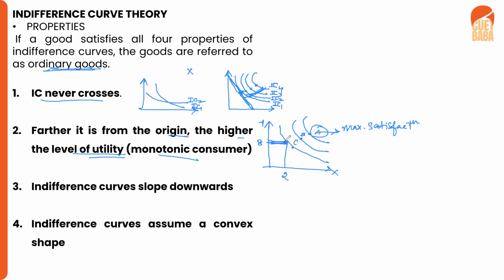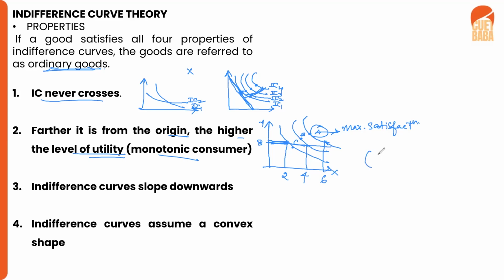When shifted to the next IC curve, it might shift this way, so Y, that is 8, would remain the same, but X would increase to say 4. And here if we look, it might again increase, touching the IC curve, and here we might get 6.